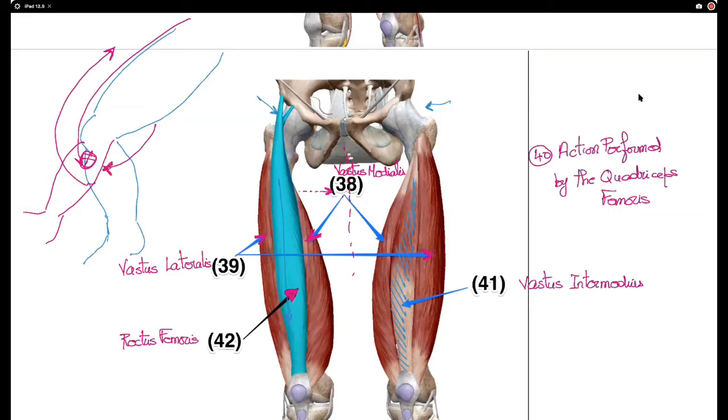And if you remember, if I'm performing an angular movement along the sagittal plane, and this movement is causing the increase in the angle of the joint, this is going to mean I'm performing an extension.